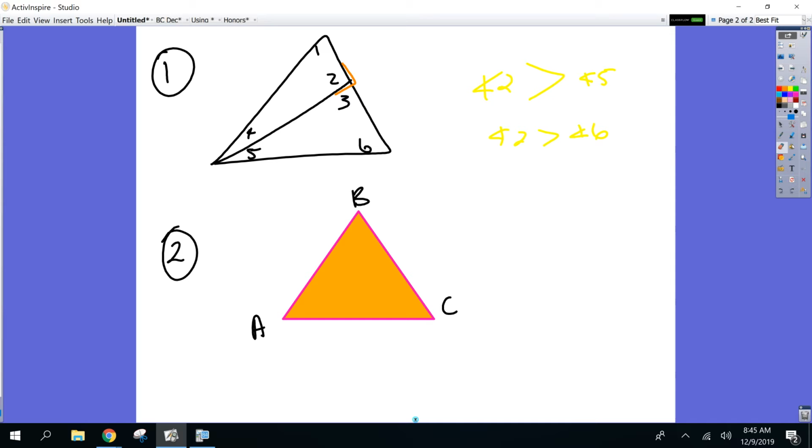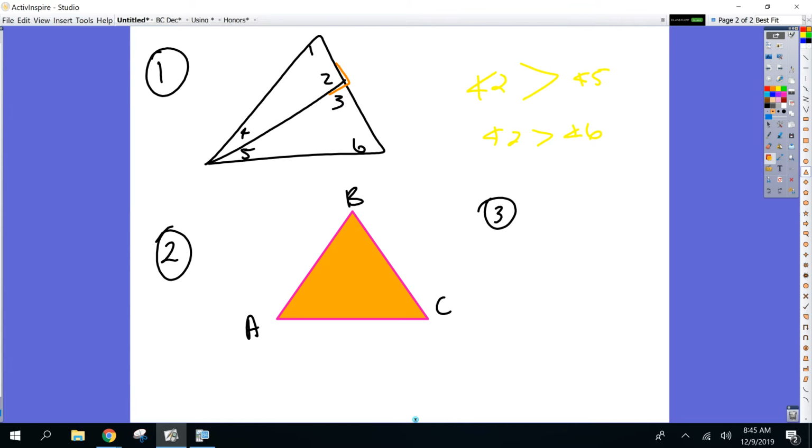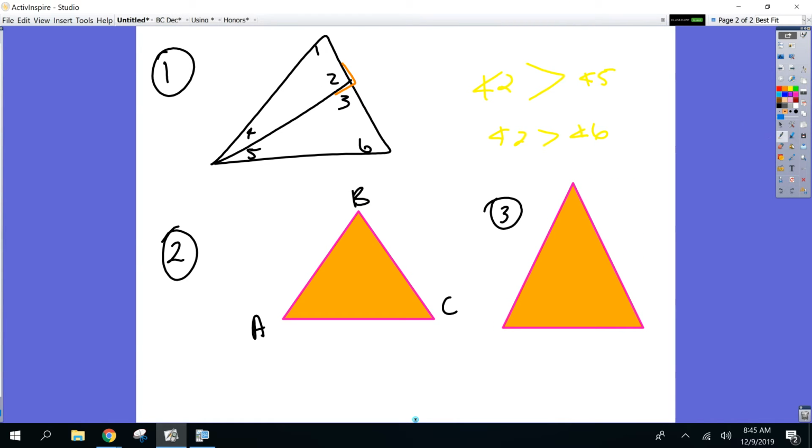Everyone good there? And the third and final theorem I'm talking about is: 6, 8. What are possible values for the third side? This is the third theorem I'm referring to.